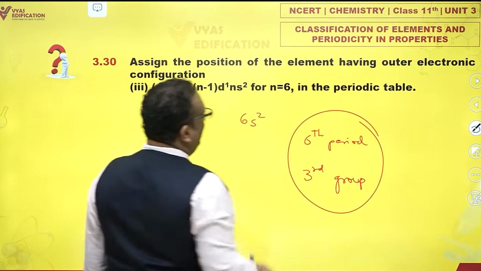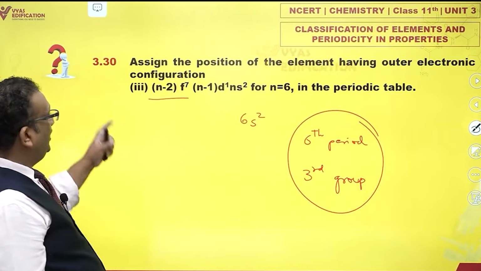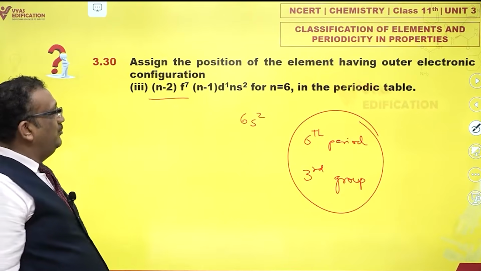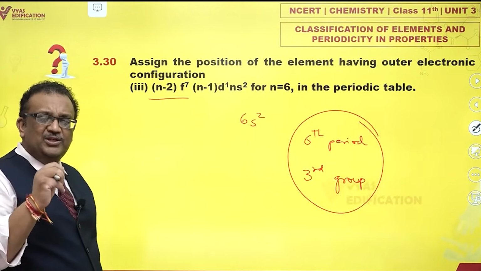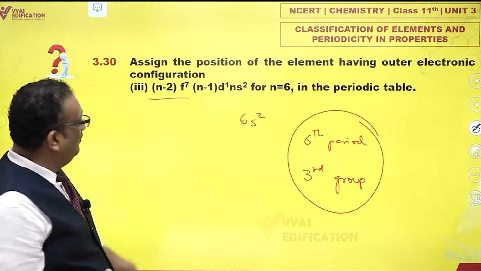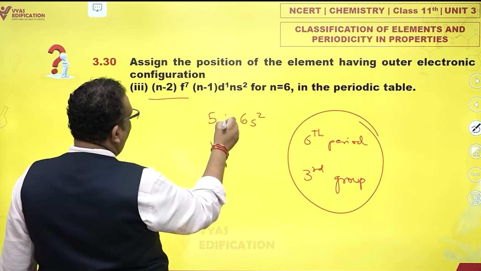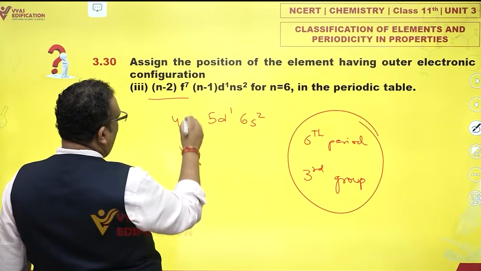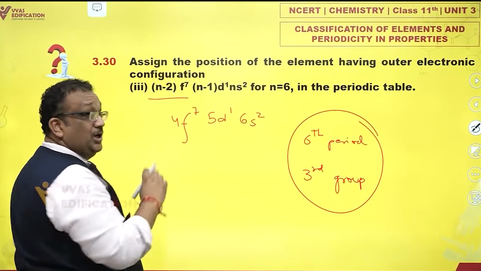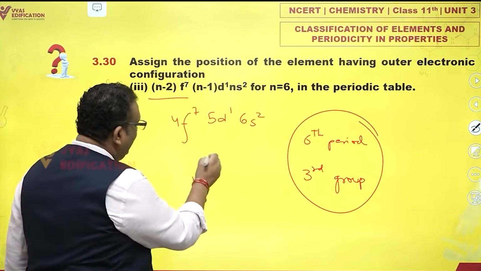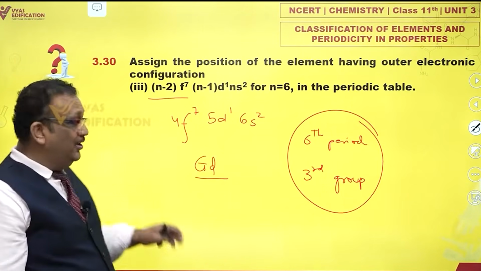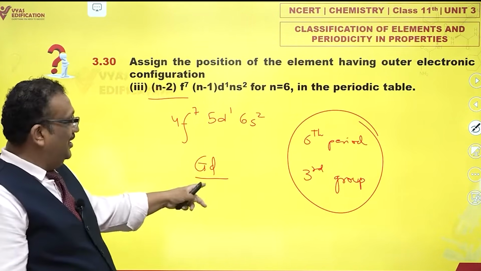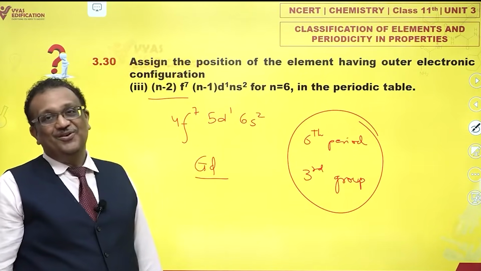It is 6th period and third group. And now F7 N minus 1 D1 NS2. It's very typical. You are talking about, this is 5D1 and 4F7. So you're talking about gadolinium, GD. This is GD. I mean the 7th element of lanthanide series, and this one has this configuration.